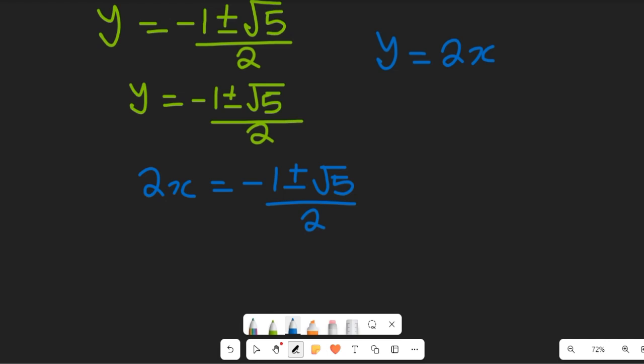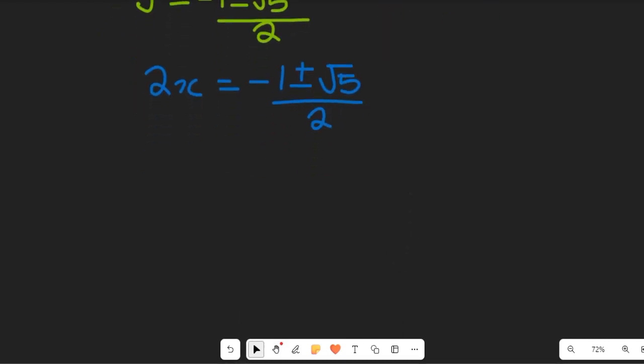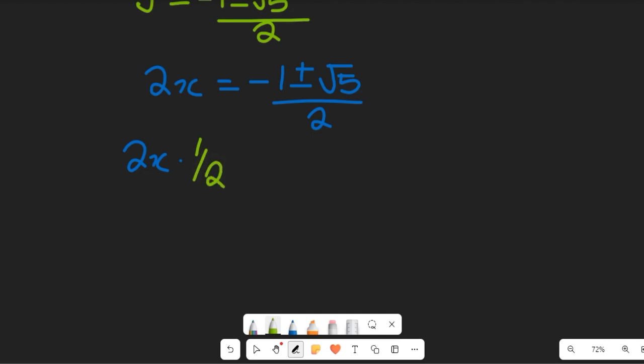We can find the value of x here by multiplying both sides by 1 divided by 2, half. Then we'll have 2x multiplied by 1 divided by 2, and that will be equal to -1 plus or minus the square root of 5 divided by 2 multiplied by 1 divided by 2.